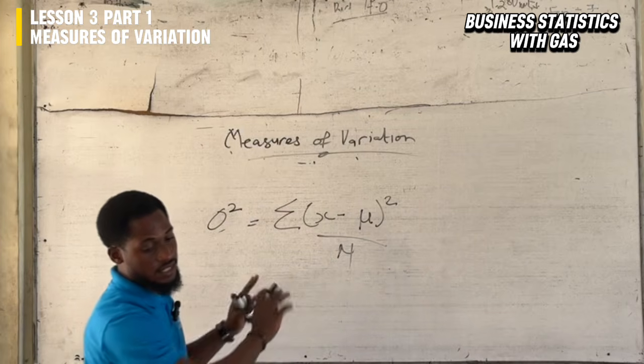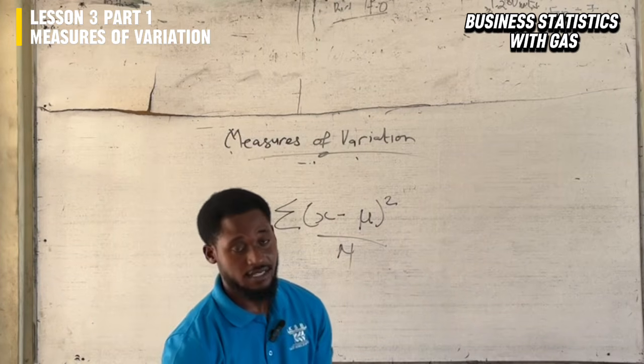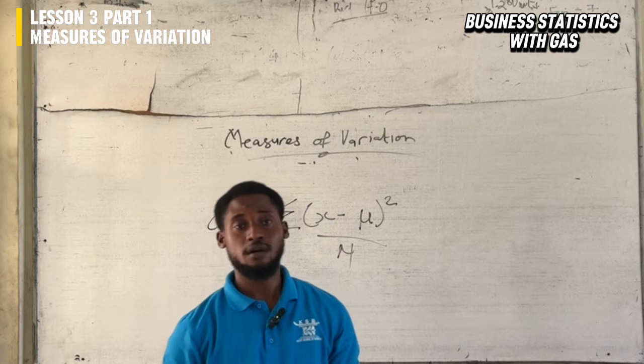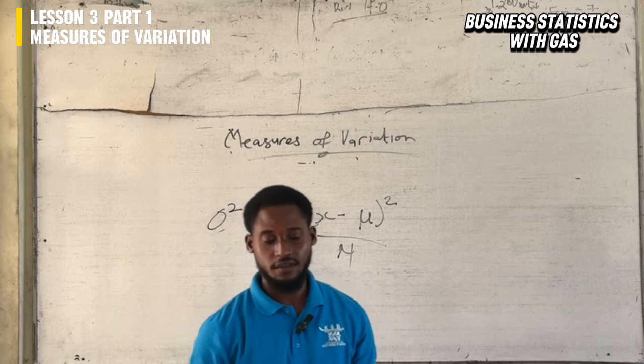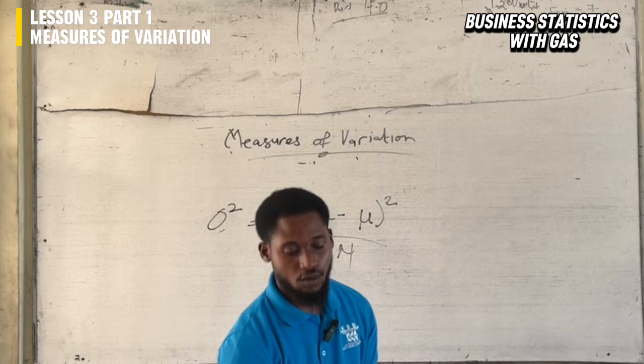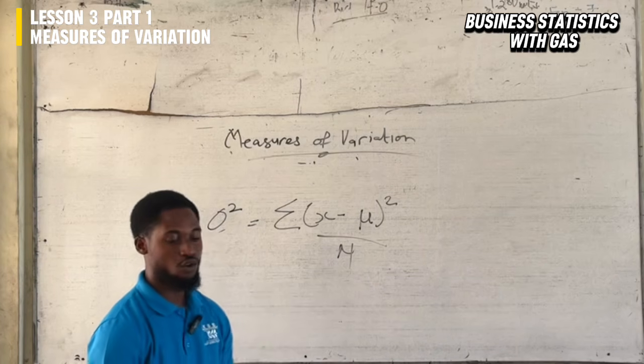So this is the interpretation of the formula, and as time goes on, we are going to show you how to use the calculator to find the population variance of both the grouped and ungrouped, and also population standard deviation for ungrouped.